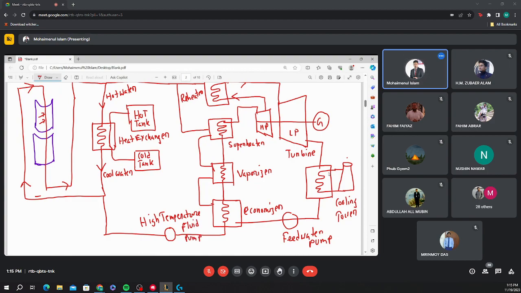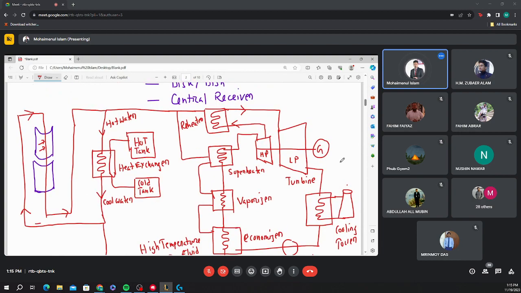Okay. So how does the whole thing actually work? Like we have hot water, and hot water is coming from this point, and it will require to superheat. So this junction will provide one path to flow the heated water here, and it comes to this point and gets superheated.